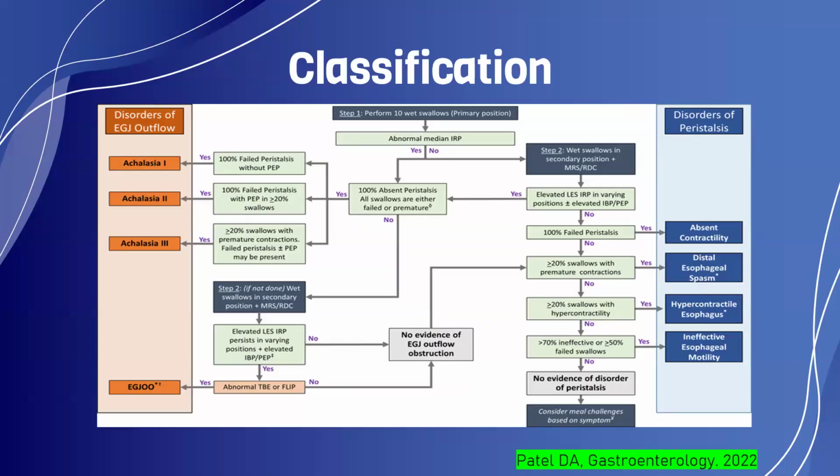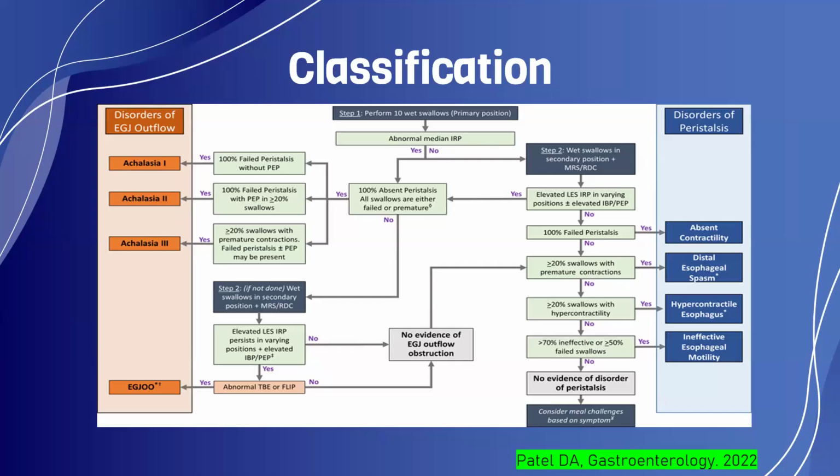After the 10 supine wet swallows to assess the median integrated relaxation pressure, an abnormally elevated integrated relaxation pressure will raise suspicion of esophagogastric junction outflow obstruction, and peristalsis is then analyzed. Any disorders of esophagogastric junction outflow we will categorize as either achalasia type 1, 2, or 3, which we will see further.